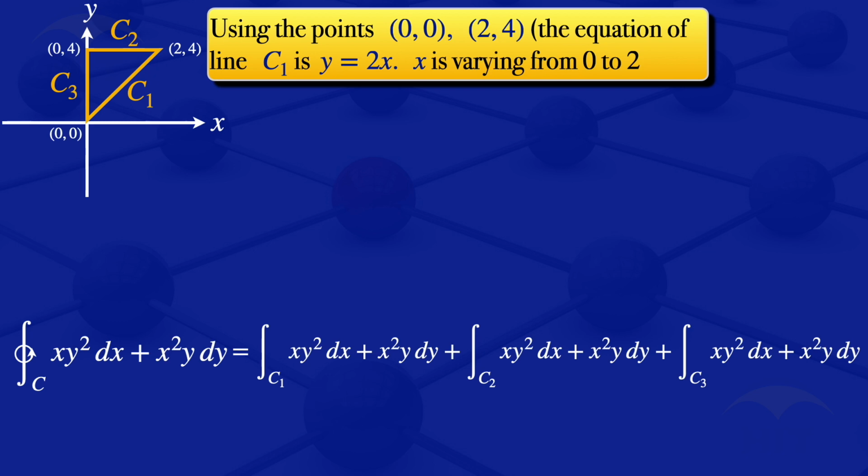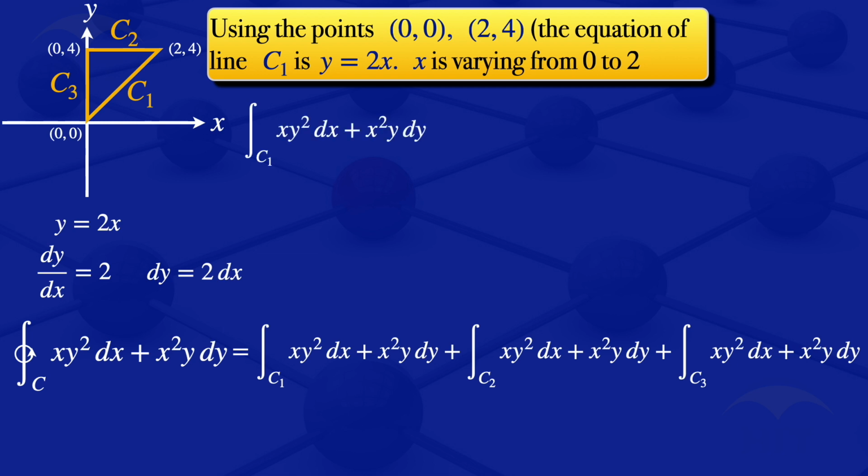So the equation of the line on C1 is y equals 2x. And if y equals 2x, then we can differentiate that. When we differentiate it, we get the derivative of y with respect to x equals 2. And then from there, we get that dy equals 2 dx.